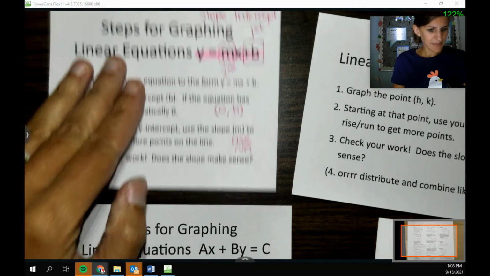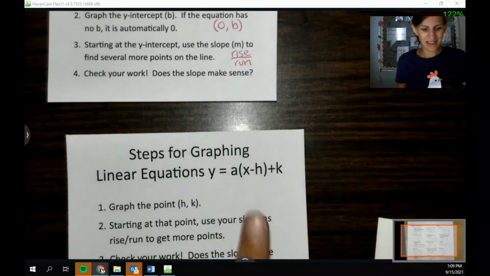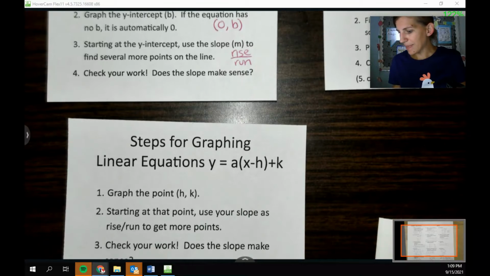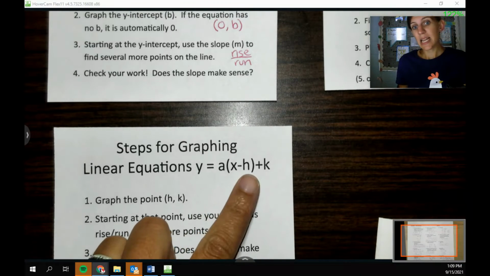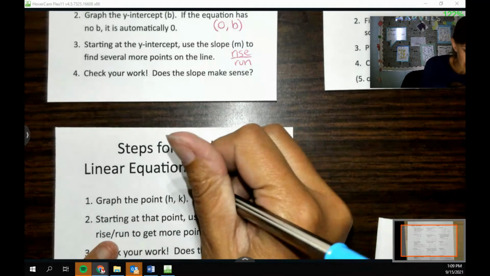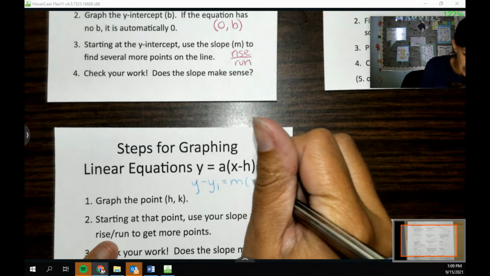Next form of a line. So again, that one's good. This one I like a little better. So this next one that I want to talk about is y = a(x - h) + k. You may have learned it when it looked like y - y1 = m(x - x1).